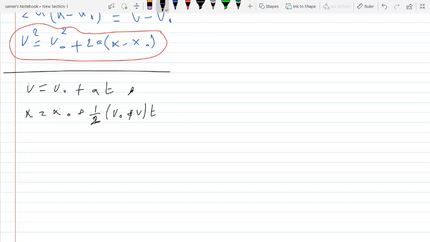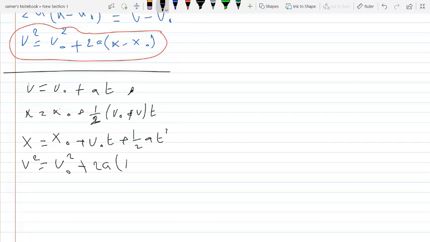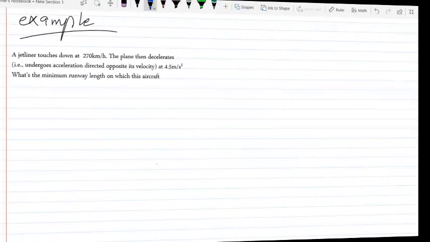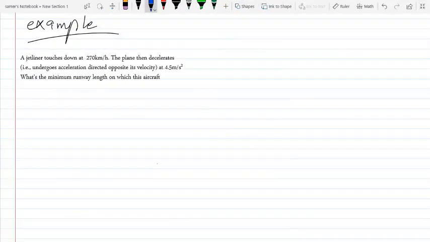The third equation is x equals x0 plus v0 t plus 1/2 a t squared, and the fourth equation is v squared equals v0 squared plus 2a times x minus x0.